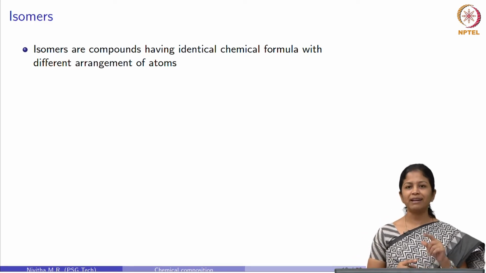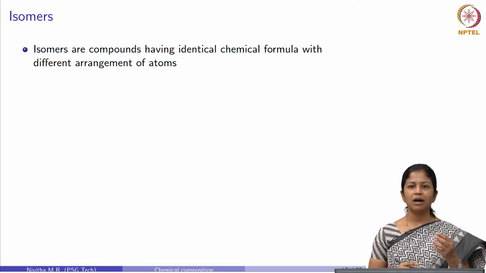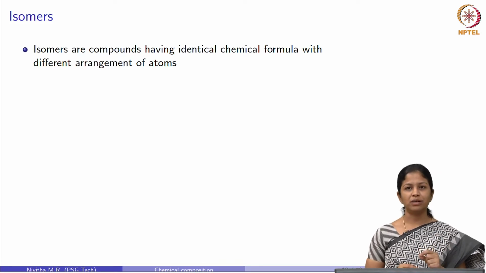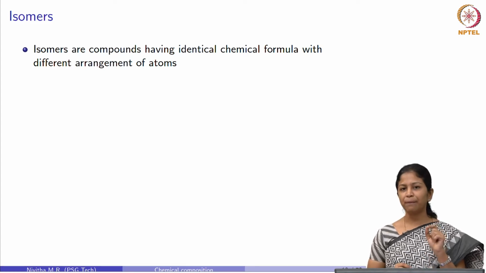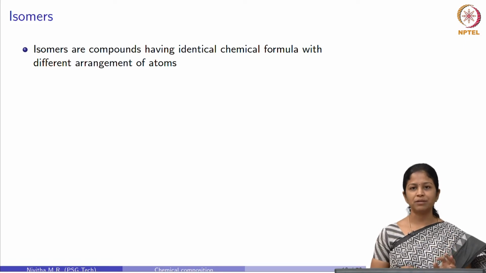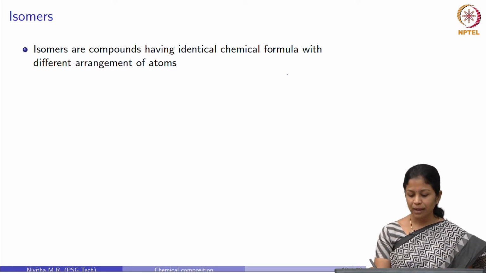Next, we will look into another interesting aspect of this molecular structure. These are called isomers. Isomers are compounds which have the same chemical formula but different arrangement of atoms. So, let us take pentane.